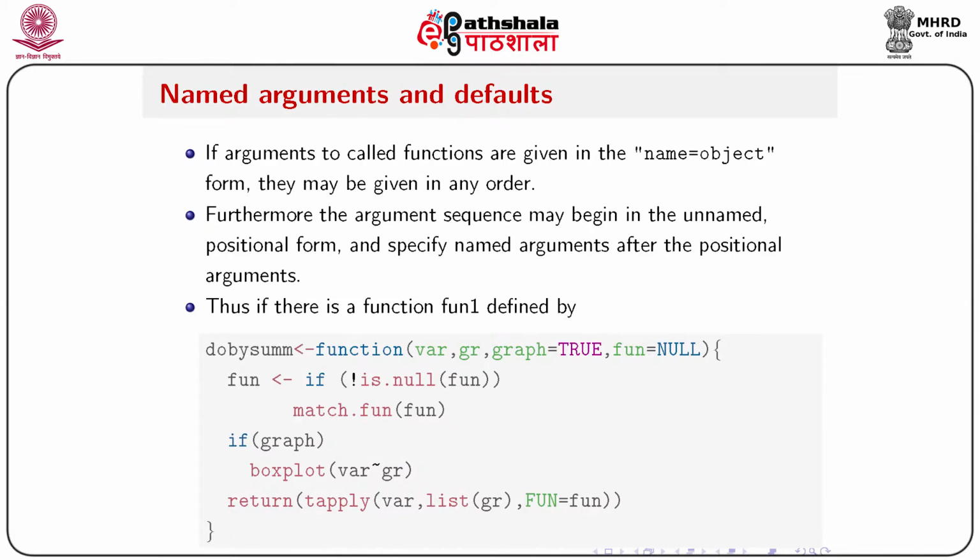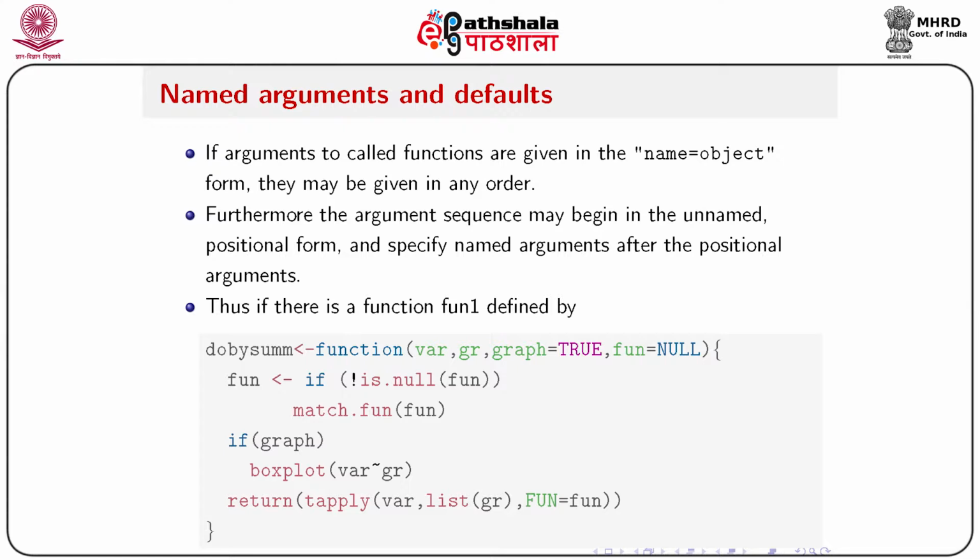If the named arguments and defaults, if arguments to call functions are given in the name equals object form, they may be given in any order. That is one advantage. If you don't give this, instead of name equals object, you can directly write object 1, comma, object 2, comma, object 3.